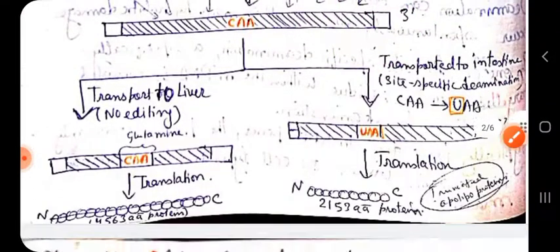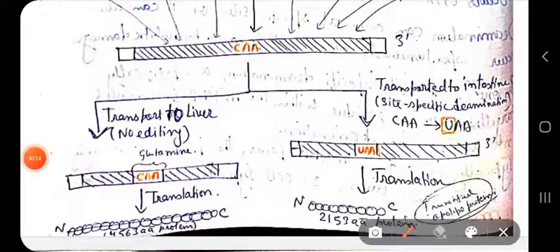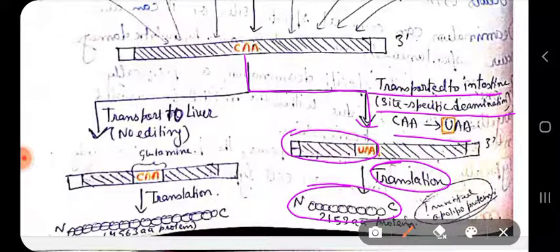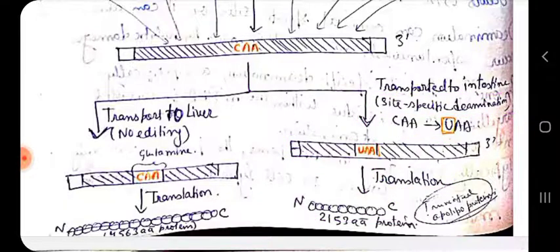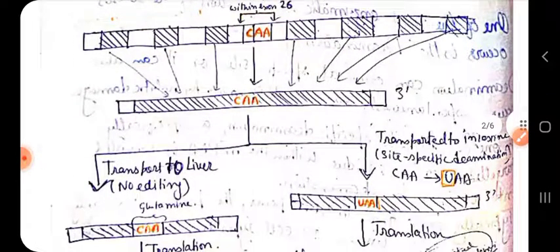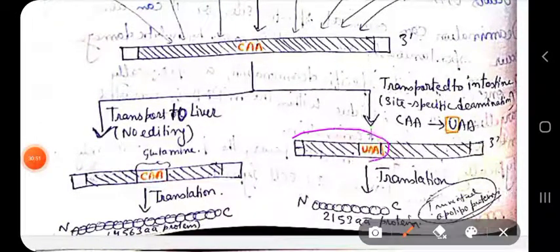So if you see this part, you can understand that this CAA, in the intestine, site-specific deamination converts CAA to UAA, and translation occurs only up to exon number 26, that is up to codon number 2153, and thus translation of that apolipoprotein B gene is done only up to exon 26.